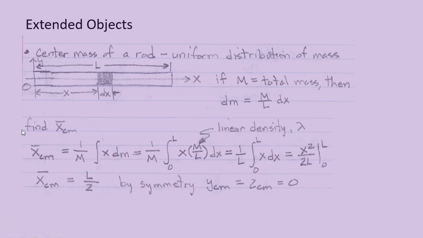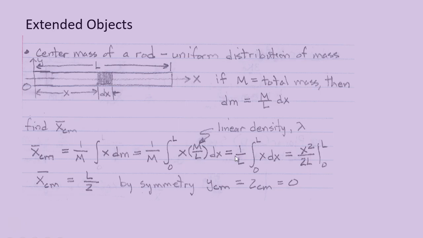Now we can go back to our basic equation for the center of mass, and notice this integral is x dm. Now that we have this expression for dm as a function of dx, we can make that substitution. So we have the integral from 0 to L of x times the linear density dx.